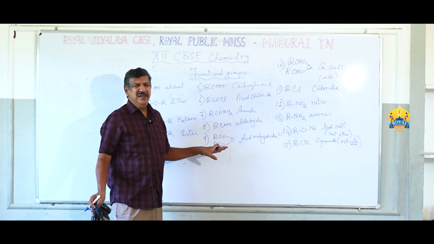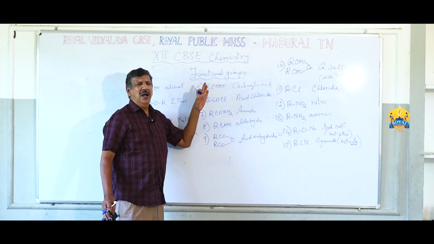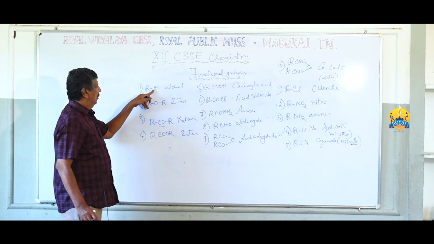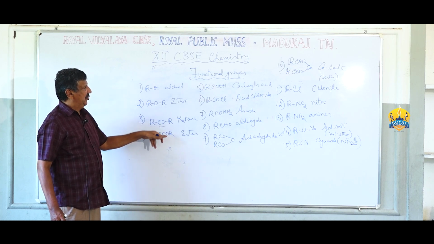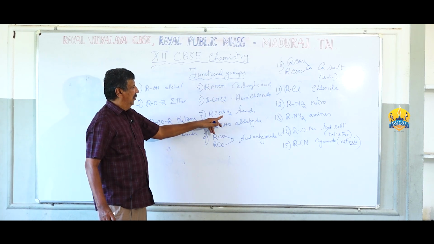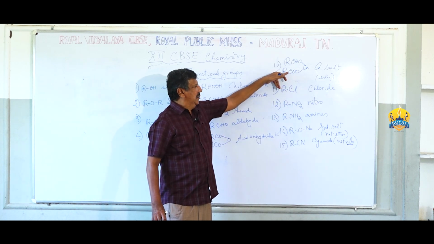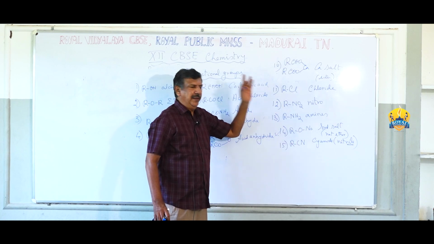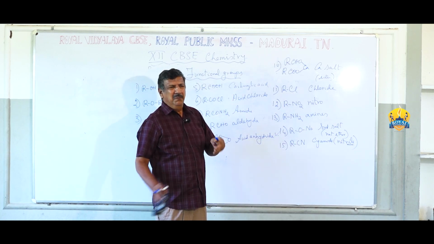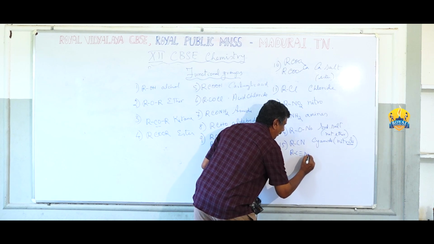So these are the major functional groups regarding organic chemistry: alcohol, ether, ketone, ester, acid chloride, amide, aldehyde, anhydride, calcium salt, chloride, nitro, amine, sodium salt, cyanide. But in the book, they will write like this.